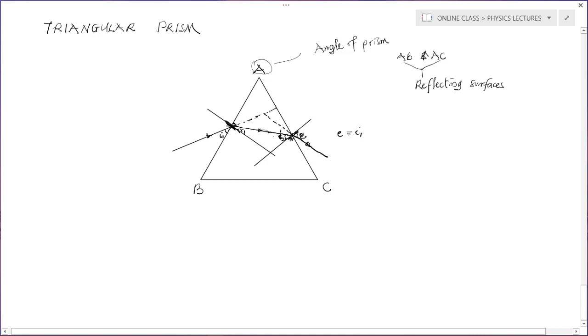So now let's see what happens there. From the diagram, we can see what happens is easy for us. We can see that R1 equals I2.